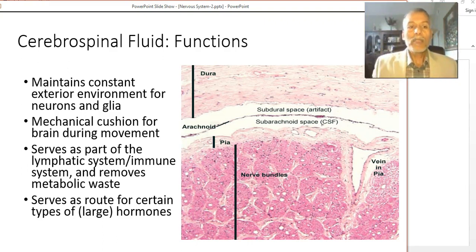And then at the same time, you bring in certain molecules, for example, hormones and other nutrients that are too big to go into the bloodstream. You bring them through the cerebrospinal fluid.